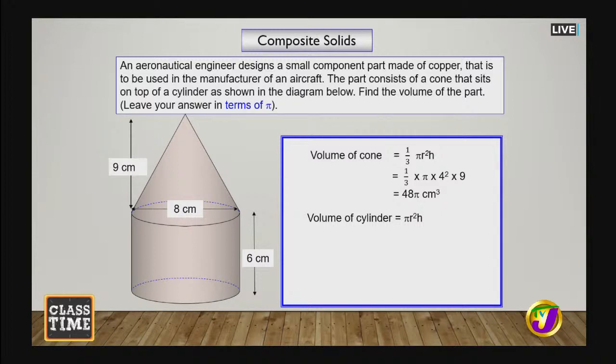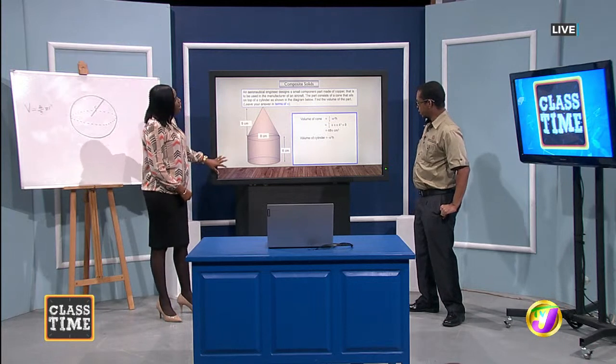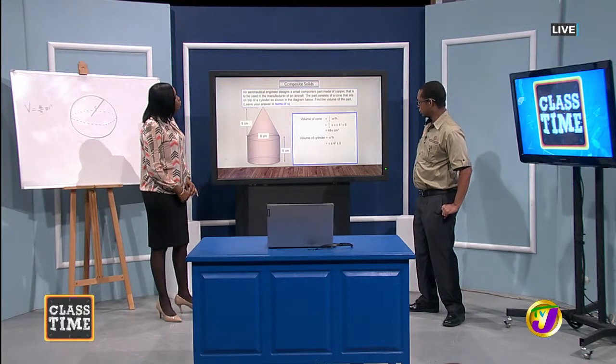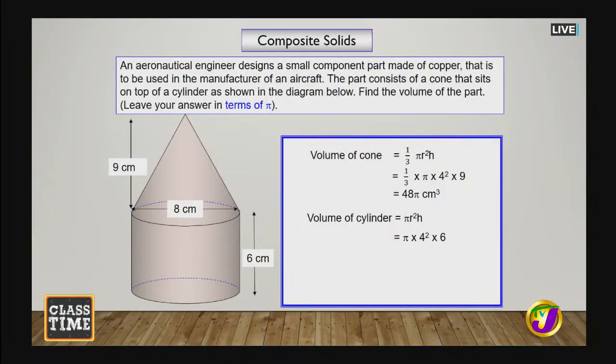So I'm thinking we're going to do the same thing there. And we're using the same diameter, yes. So we substitute 4 for the radius again in our formula to find the volume of the cylinder, which would give us a volume of 96 pi cubic centimeters.